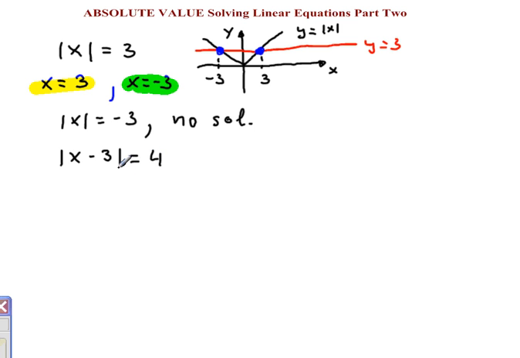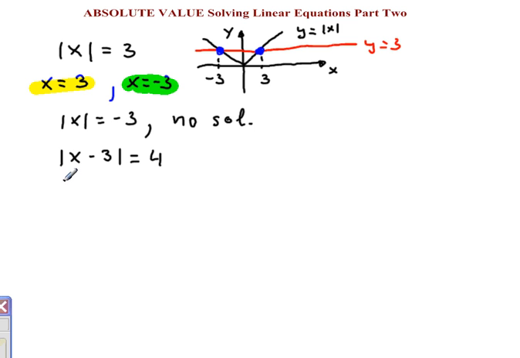The result is either positive or 0. Okay, so this statement makes sense because absolute value of something is equal to 4. So that is an example that you anticipate will have a solution.